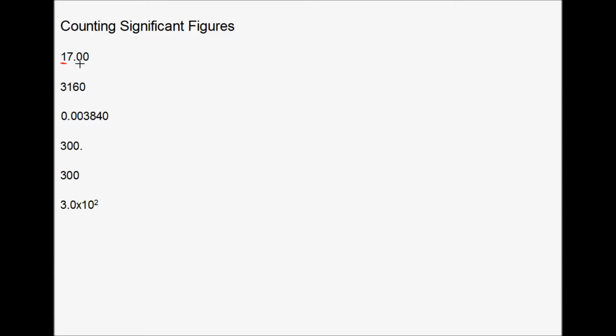And if it does, then we can locate the rightmost digit of any kind, including zeros. So in this case, the last significant digit in this number would be this last 0 because of the decimal point. Counting between the first and the last gives us a number of significant digits as 1, 2, 3, 4. So this has 4 significant digits.